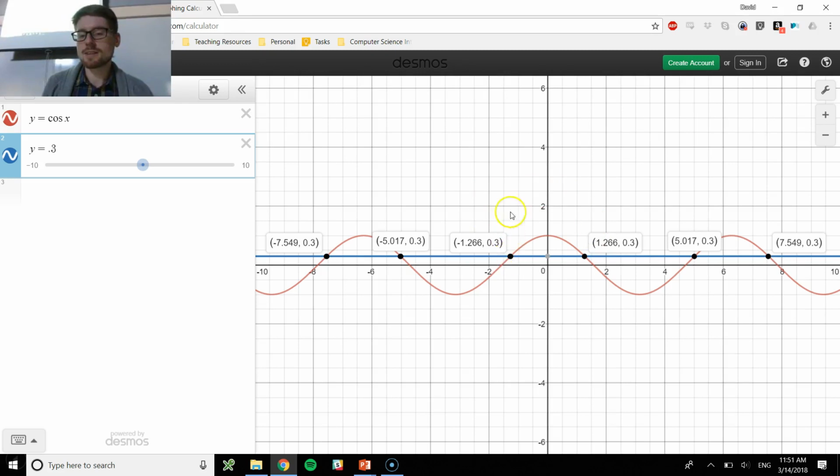And then how might we get this angle over here? How might I get this answer over at 5.017? To which one? To this one or to this one? So if I took this one and added 2 pi, you think I would get here?